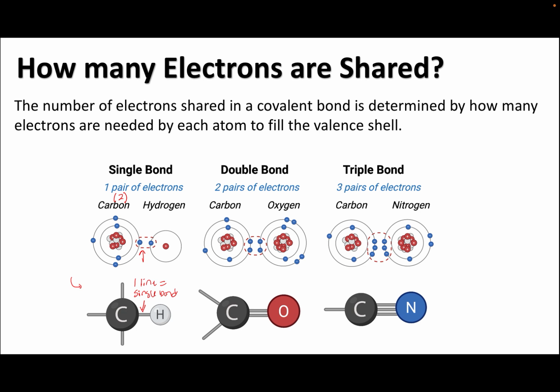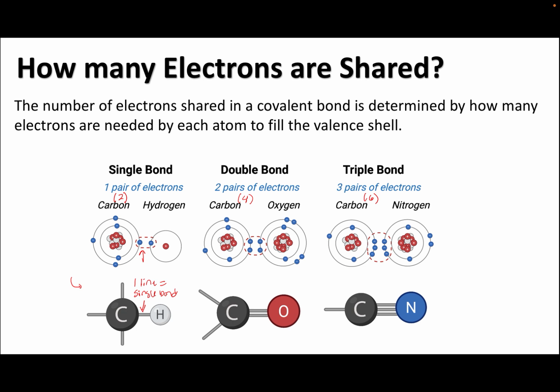You can also have double bonds where you're sharing two pairs of electrons or a total of 4. You can see that occurring right now between the carbon and the oxygen. And if you wanted to draw that with the structural formula, you would just draw 2 parallel lines between the elemental abbreviations. And then finally, you can have a triple bond where 3 pairs of electrons, or a total of 6, are shared between 2 atoms.